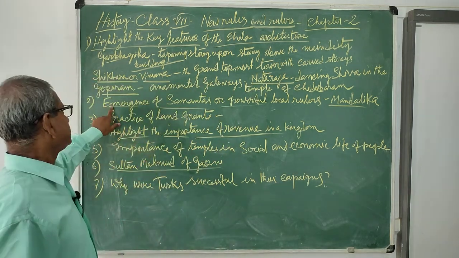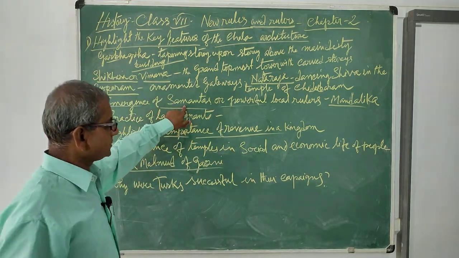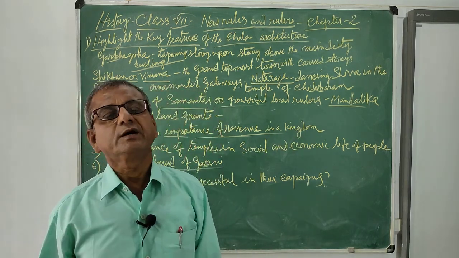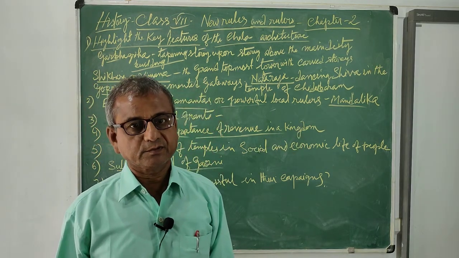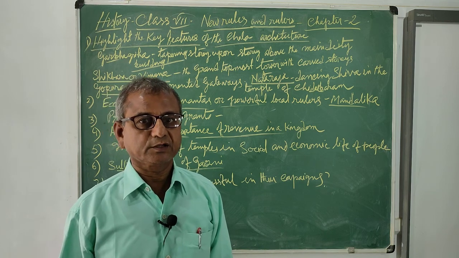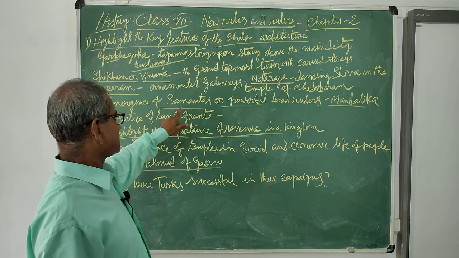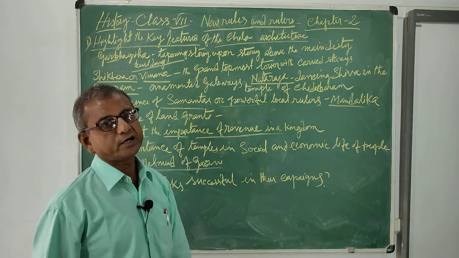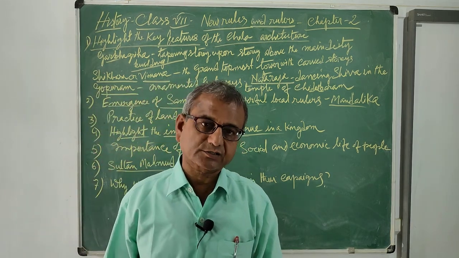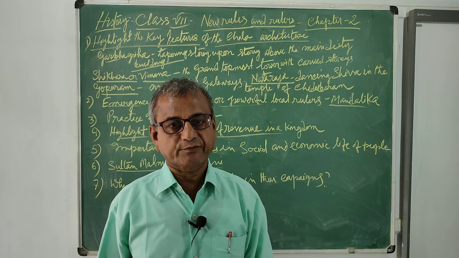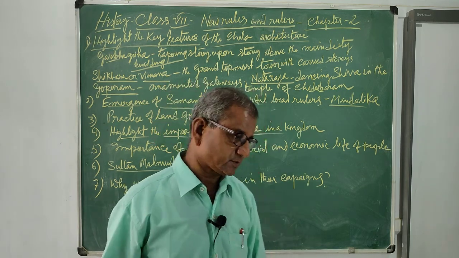Next, we see the emergence of Samantas or powerful local rulers. During this period, all the Chola rulers were very powerful. Under them there were subordinate rulers known as Samantas. They were famous warlords who provided the king military help during warfare and paid taxes.